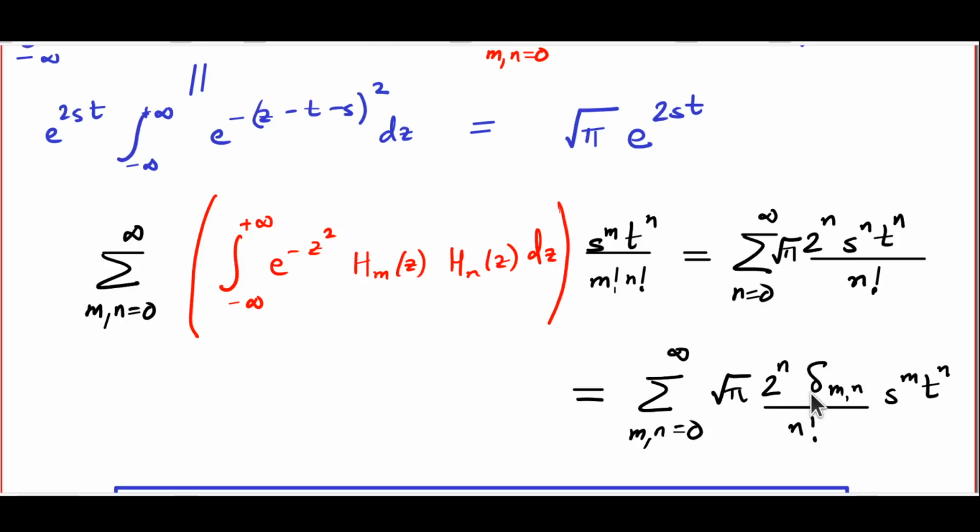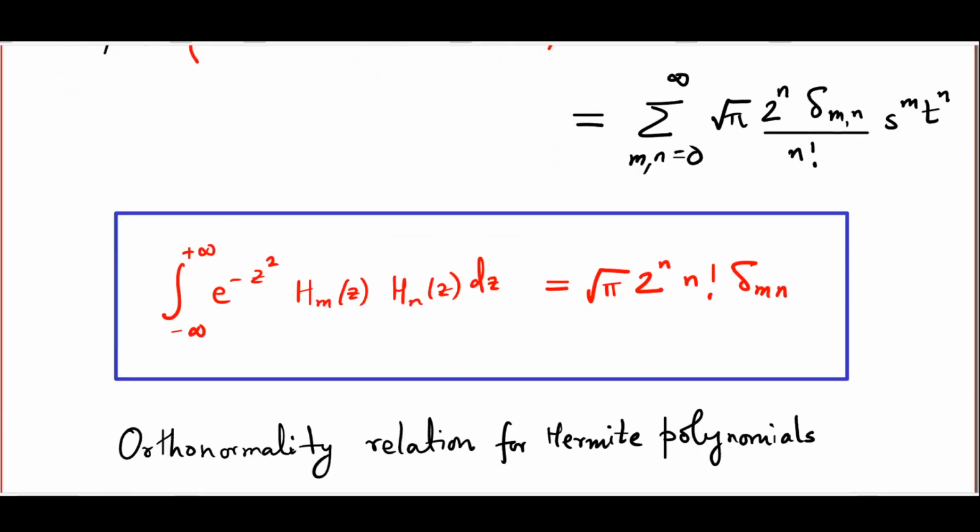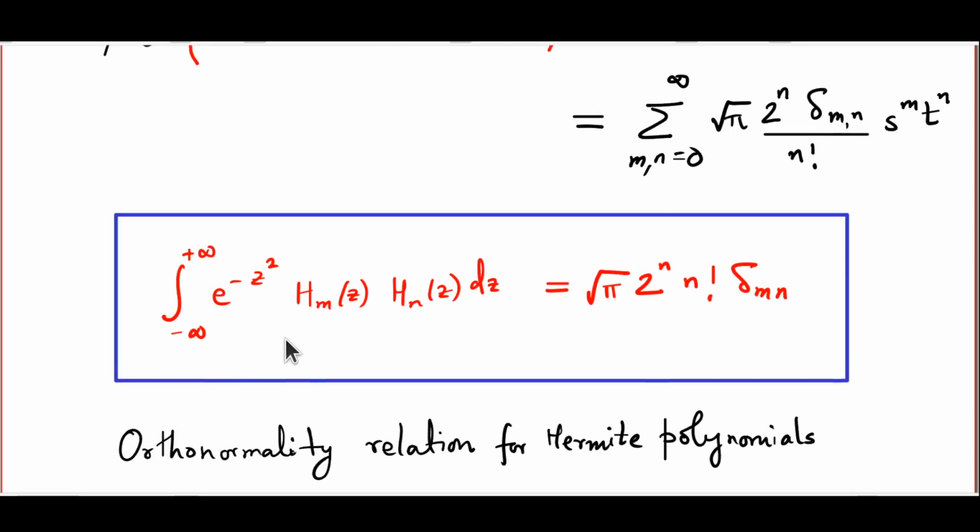That's a bit of extra jugglery which you did not really have to do, but it neatly tells you that the coefficient of s to the m t to the n on both sides must match, and then this ends up giving me this simple result: the integral of e to the minus z square Hm(z) Hn(z) dz is simply root pi 2 to the n n factorial delta mn.